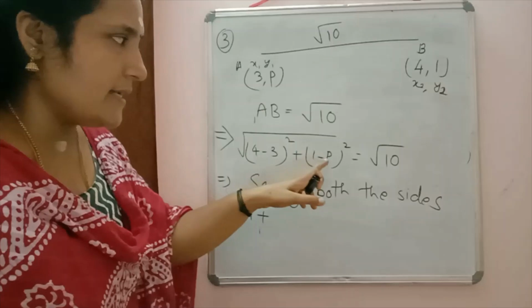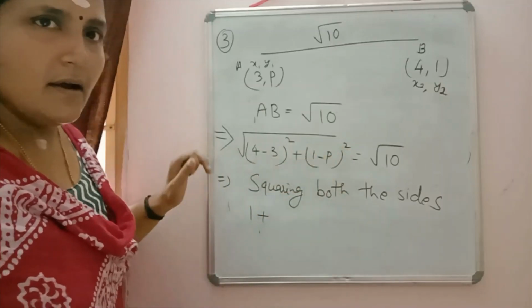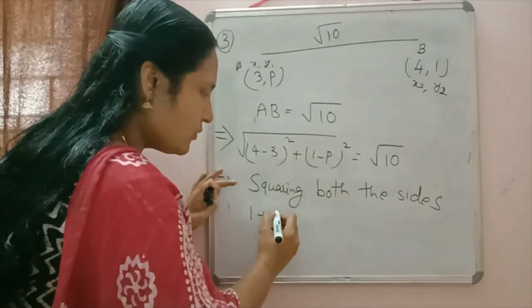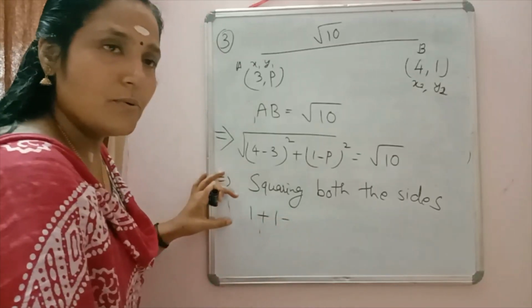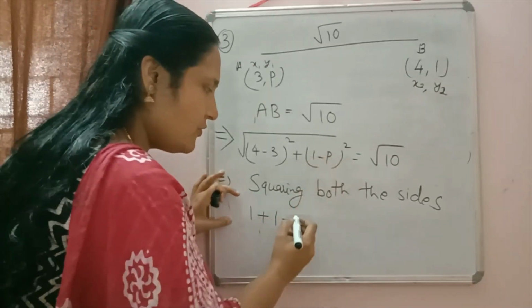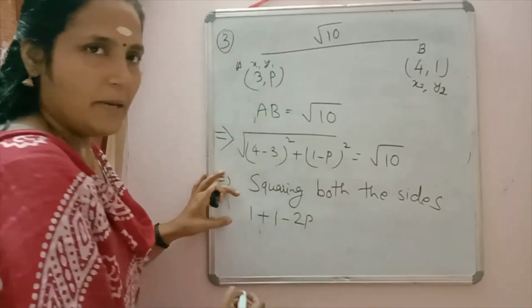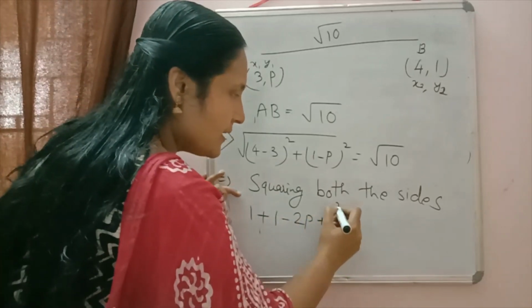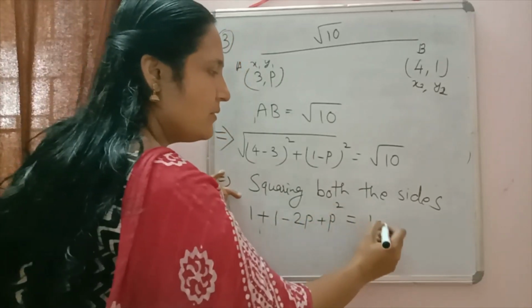We are going to use the identity a minus b the whole square, so that will be equal to 1 minus 2ab. So 2 into 1 into p minus 2p plus p square equal to 10.